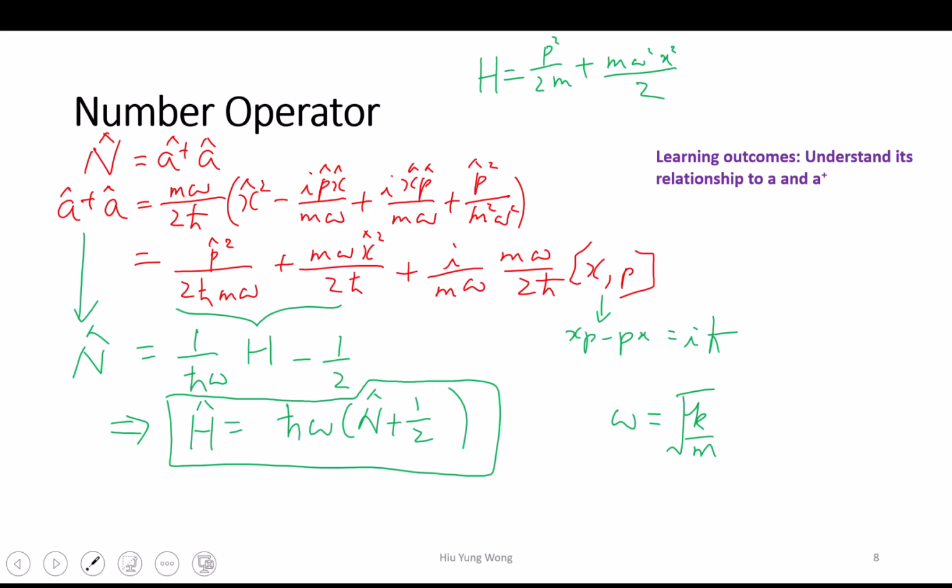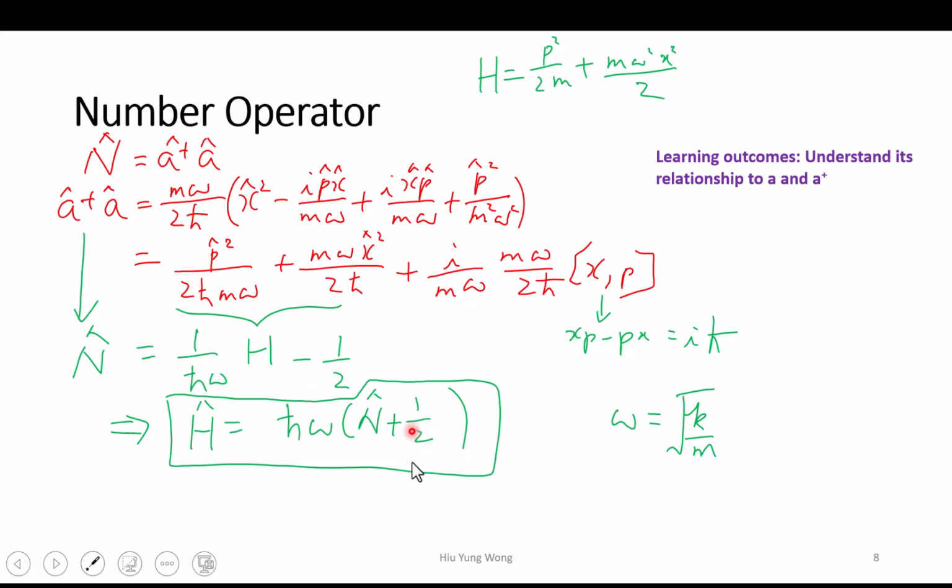But what is the real meaning of n? We need to continue. But this is a very important equation. Now I ask you, why do we get 1/2? We get 1/2 because of xp. If there's no xp commutation issue, this won't be there. This is going to be 0.